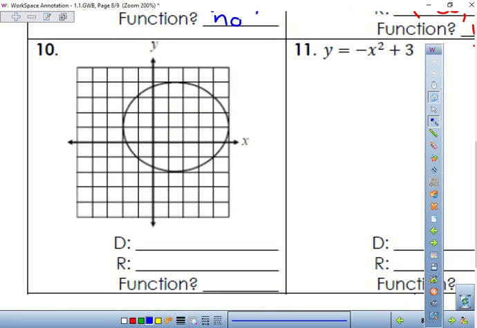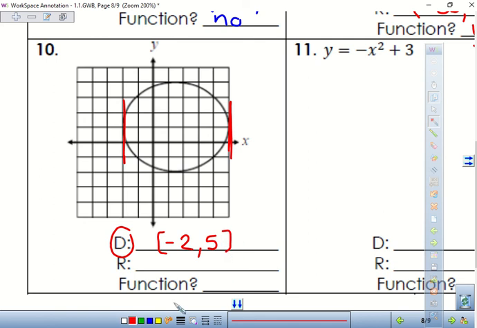Alright. So, sometimes you're going to deal with these bound graphs like a circle. And we're going to determine their domain and range. Alright. So this is bound on the domain between these two values. You see that? What two values are they? -2 and 5. And it's also bound above and below, right? Between -2 and 5.